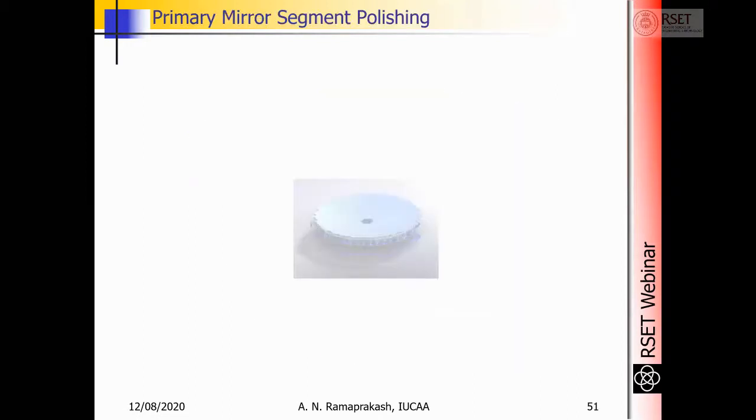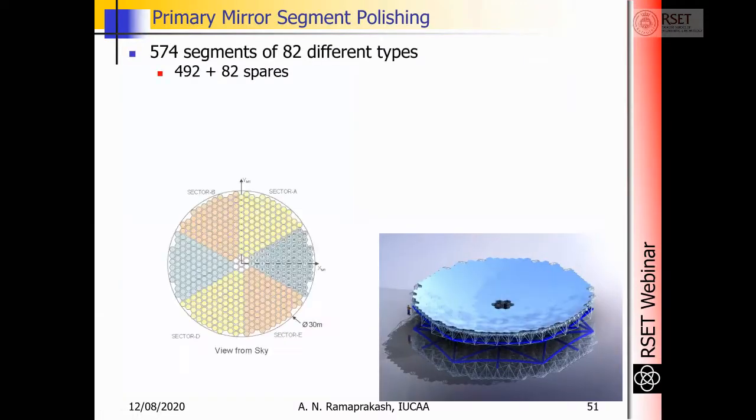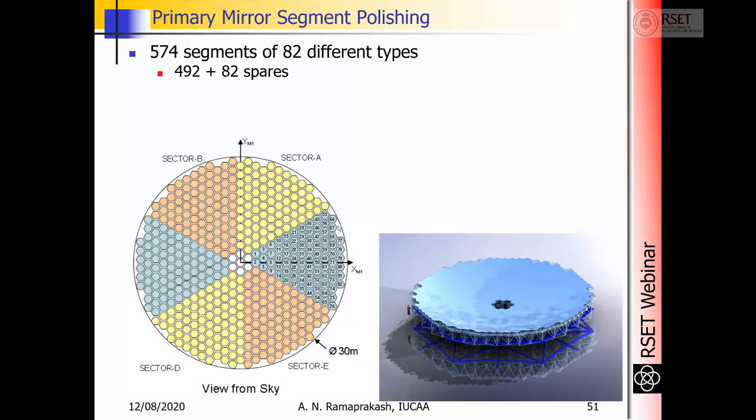And these mirror segments are extremely challenging to make because they are not spherical surfaces, they are aspherical surfaces, because this total surface is a hyperboloid. And so each mirror has a different shape as you move away from the center. And there are 82 different shapes.